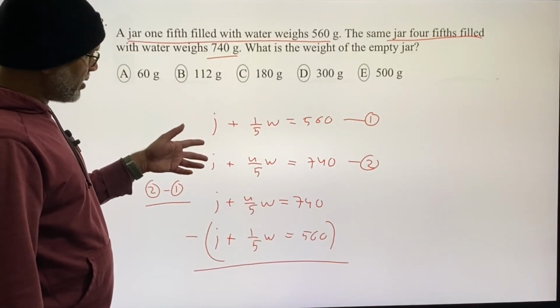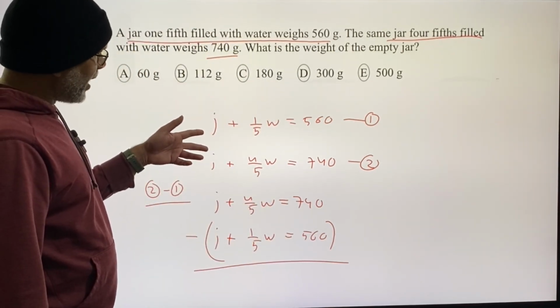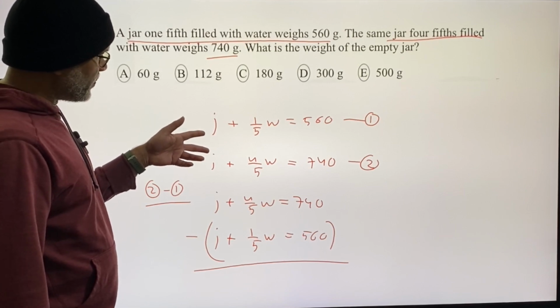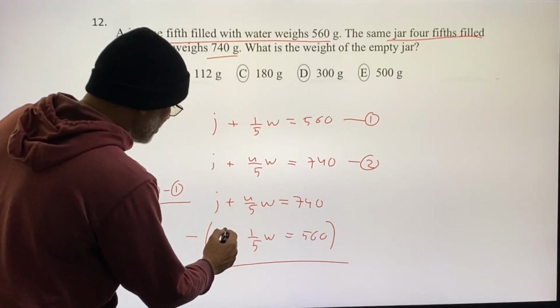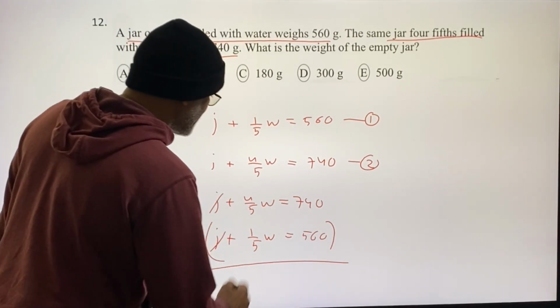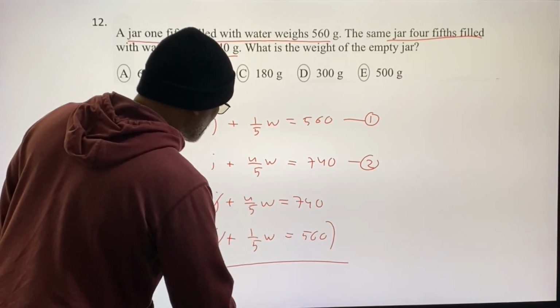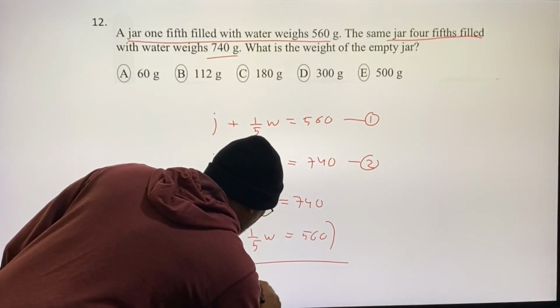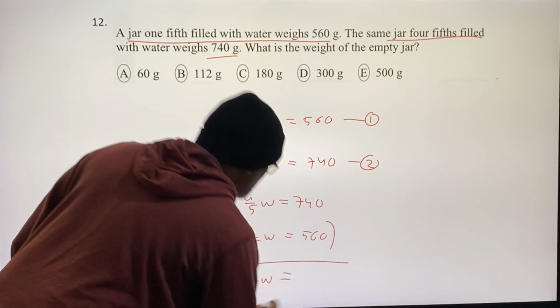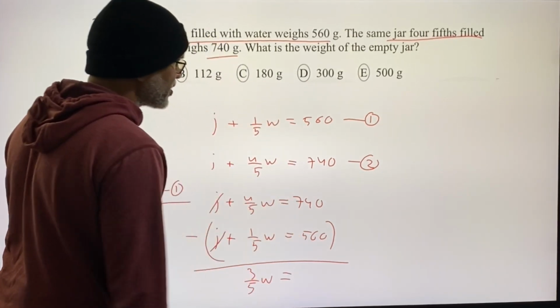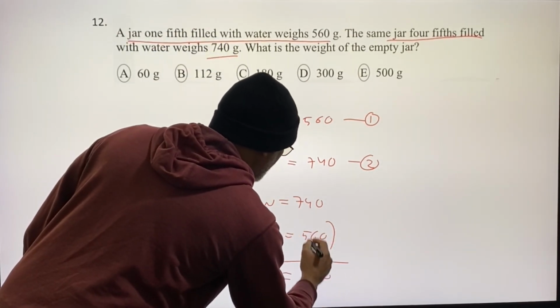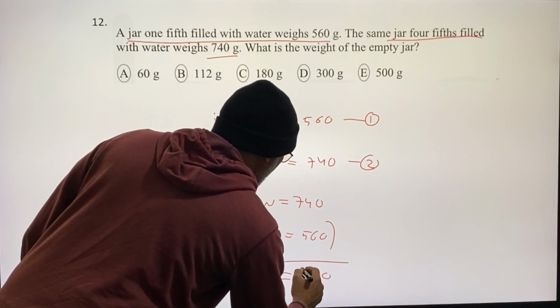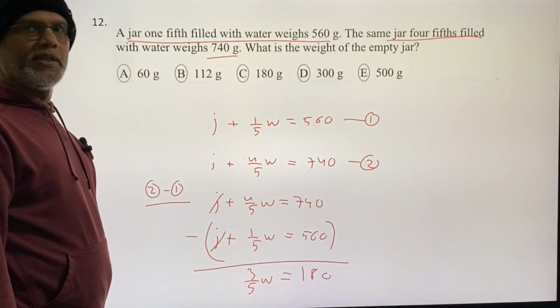So that I'll take out the jar from there, right? So this J will cancel out with this. So 4/5 minus 1/5 is 3/5 W, is 740 minus 560, is 180, right?